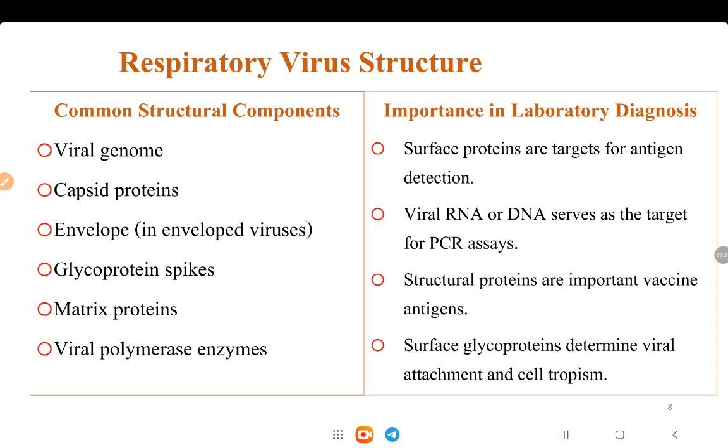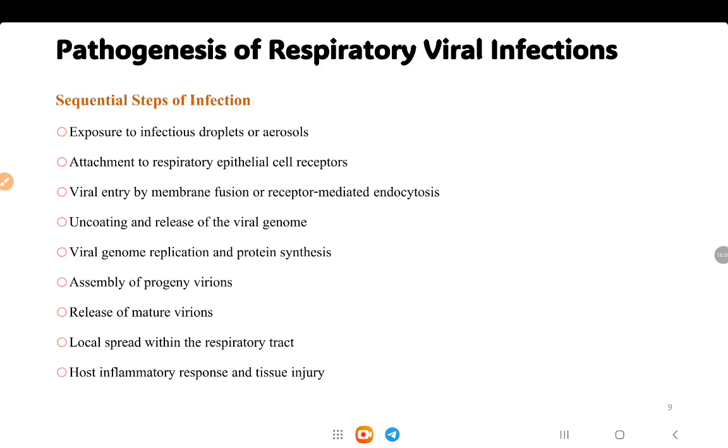Viral RNA or DNA is a target for PCR assay. Structural proteins are important for vaccine antigens, while surface glycoproteins determine viral attachment and cell tropism. That means the common structural components of all viruses are important for laboratory diagnosis.